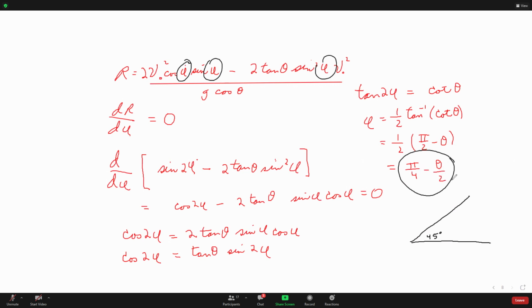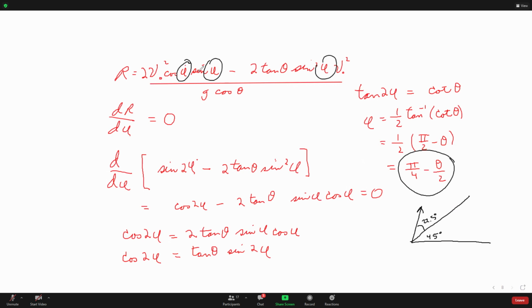So pi on 4 minus pi on 4 over 2 is pi on 8. So the optimum angle here is going to be 22.5 degrees. And you can plug in 22.5 degrees here, and theta is 45 degrees, and see what the maximum range would be for a given V naught.